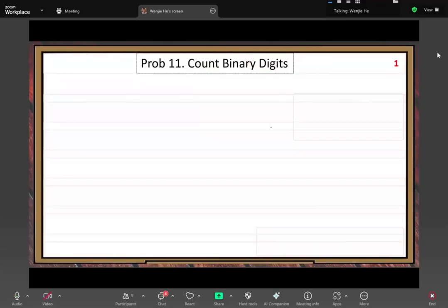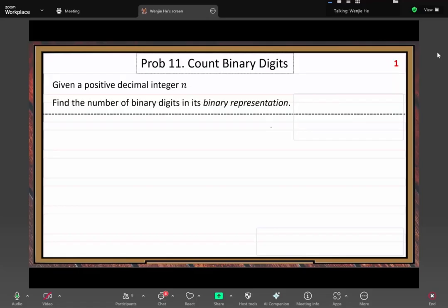Look at the question here. Count the binary digits. The problem is pretty easy. Given a positive decimal integer n, in the original form we use the decimal system. But we want to look at its binary representation.